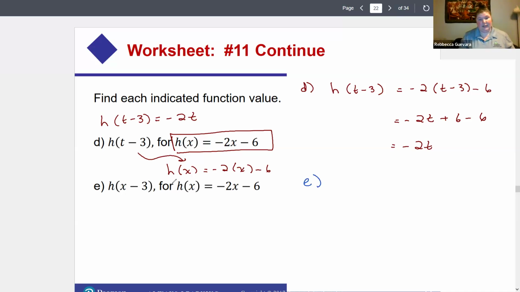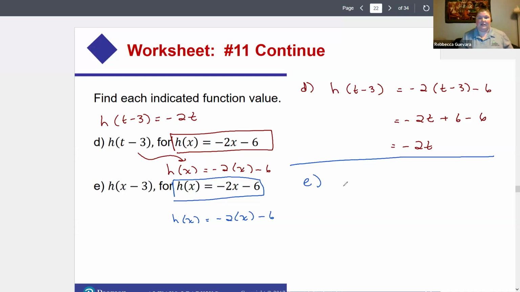All right, and then for e, we said we're using the same equation. And just remember, I'm putting those parentheses around that x just so I keep myself from making some mistakes. So this time, I'm not replacing with a different variable. I'm still using the same variable. It's just had something added to it. So this is perfectly fine. This is very similar to what we had before. Instead of having t minus 3, I have x minus 3.